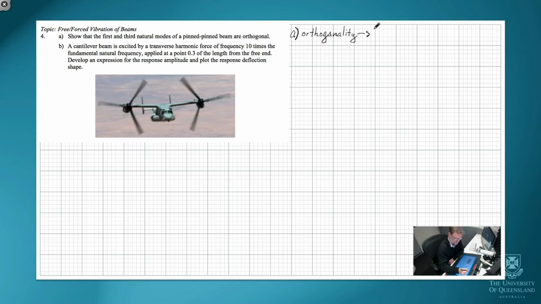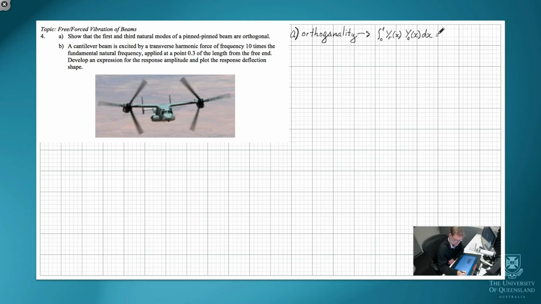The test for orthogonality is given by this integral, which we called a shape integral, of the shape of a mode y of x, and that can be any mode, we call it sub r, or r could represent any mode, times the product integral as shown here, where any two modes, the product of them, and we take the integral, and that's our test for orthogonality.